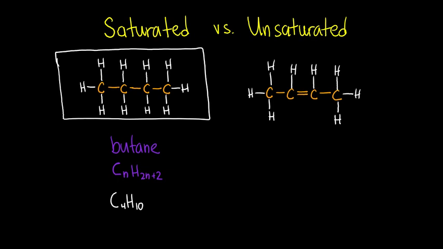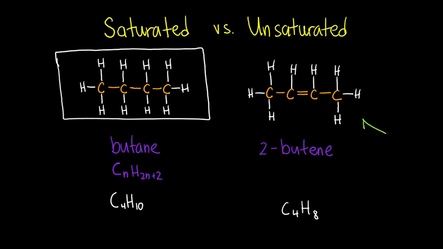In a different corner would be butene, specifically 2-butene, and the formula for this is C4H8, which seems to fit the same formula for a cycloalkane. However, we would not call this compound an alkane.